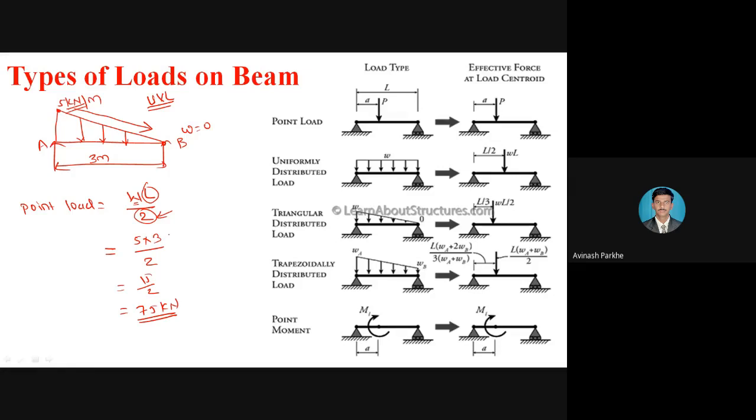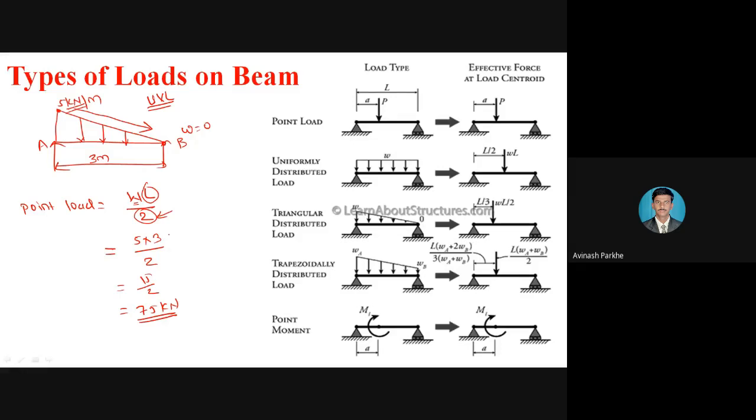Point load means the load which acts at a point on a beam. That load is called a point load, or it is also called a concentrated load. UDL means the load which is uniformly distributed or spread over the beam. That load is called a uniformly distributed load.